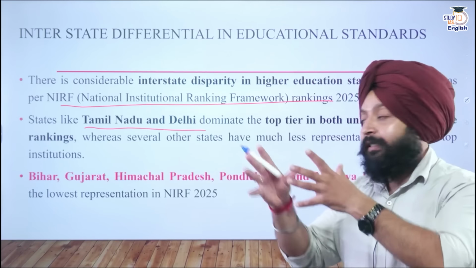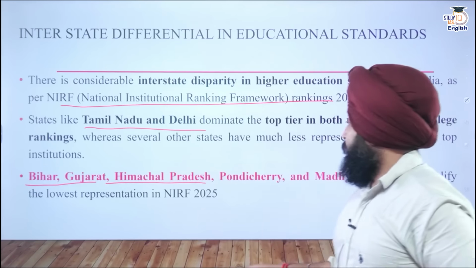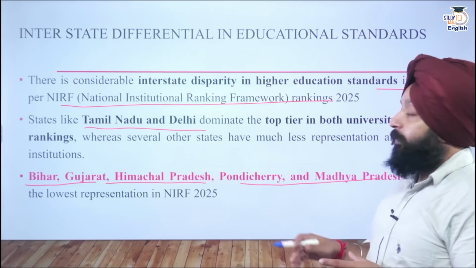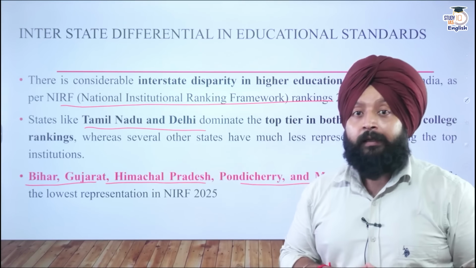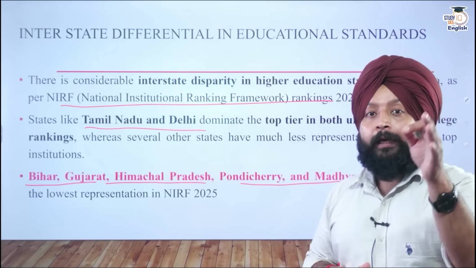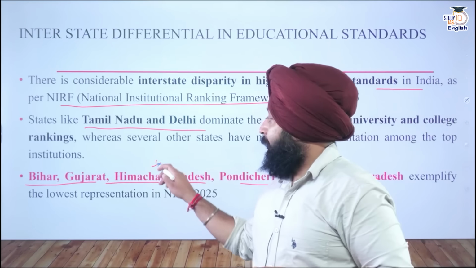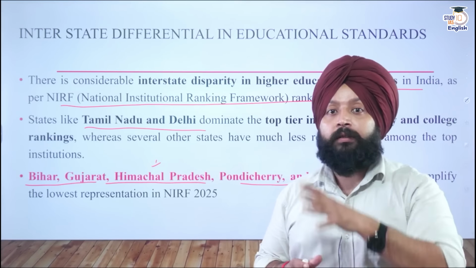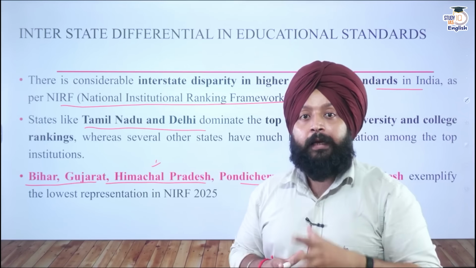Whereas in certain states such as Bihar, Gujarat, Himachal Pradesh, Pondicherry and Madhya Pradesh, we'll have just one or two universities that were able to make it into the top 100 list. That means these states lag in educational institutions. And we can also see what the literacy rates of different states in India are.